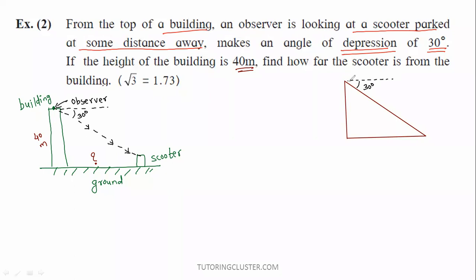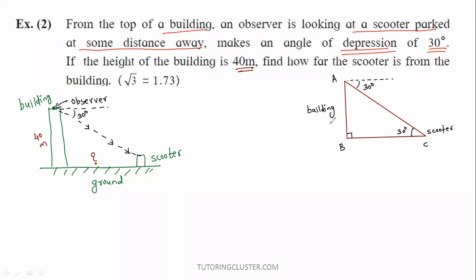This is the top of the building. Here it is a scooter. Here it is a building. So again, you can consider it as triangle ABC. Now this angle, these are what? Alternate angles. This will be 30 degree.